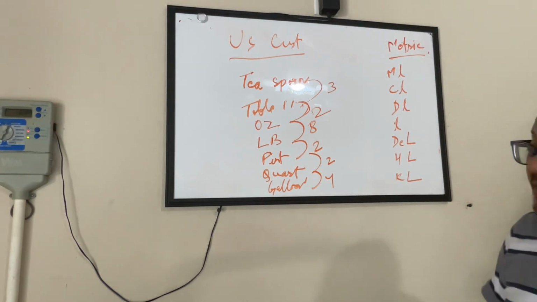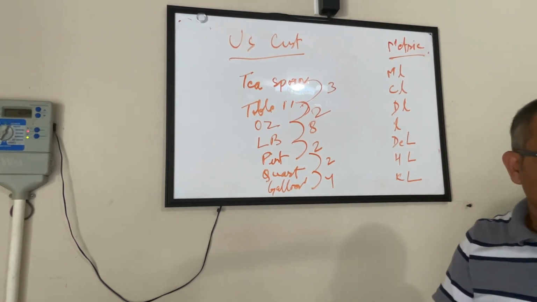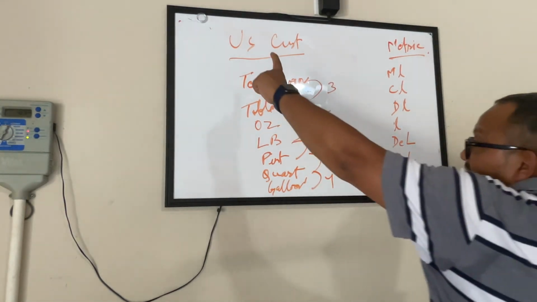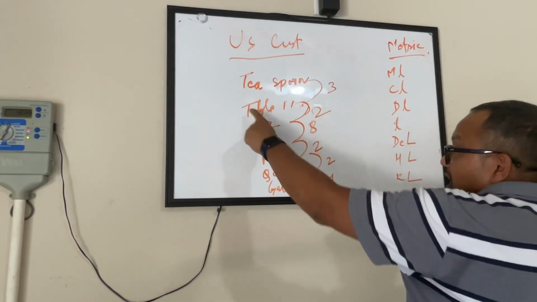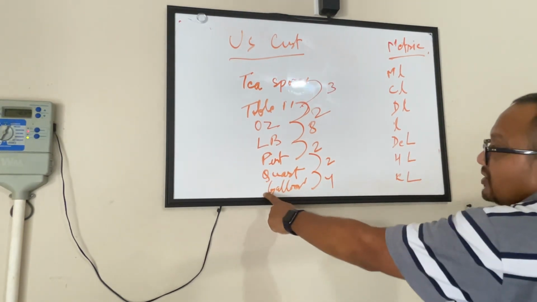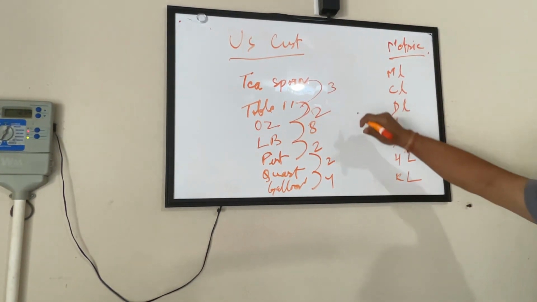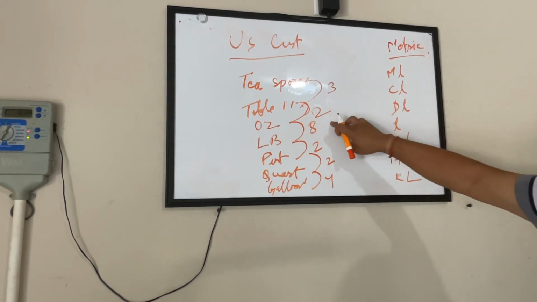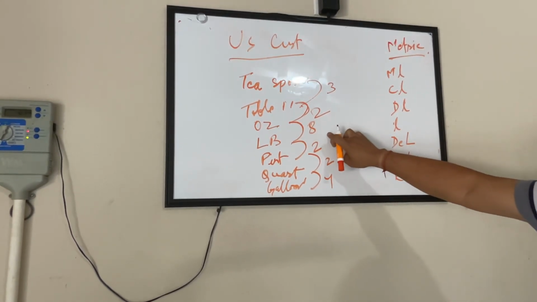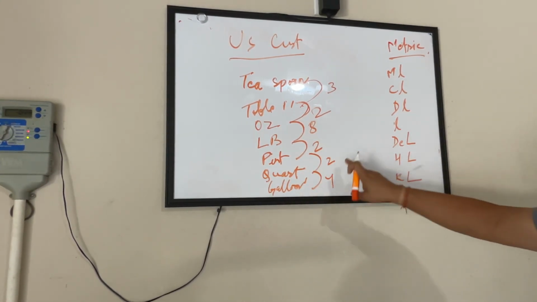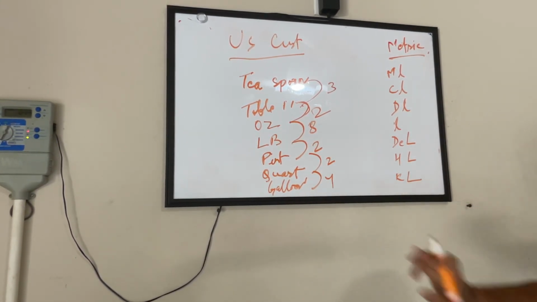And 4 quarts make a gallon. So first thing is sequence: teaspoon, tablespoon, ounce, pound, pint, quart and gallon.